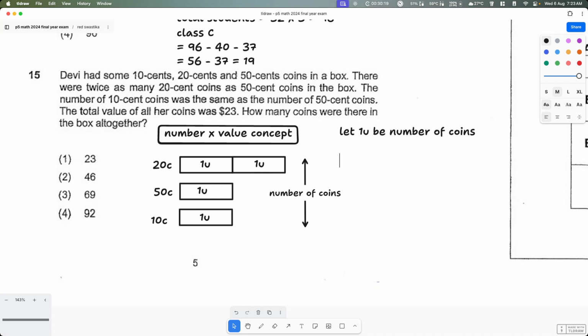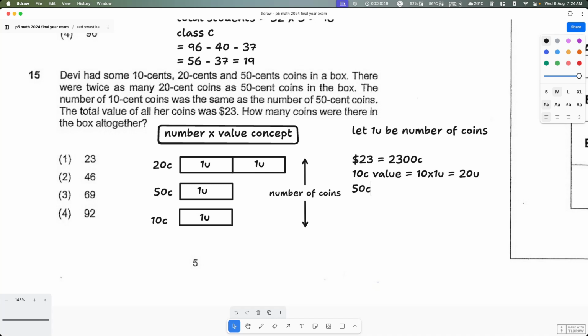Or can we make it a little bit easier? $23 is equal to how many? 2300 cents. So in this case, 10-cent value is equal to 10 times 1u, which is equal to 10u.